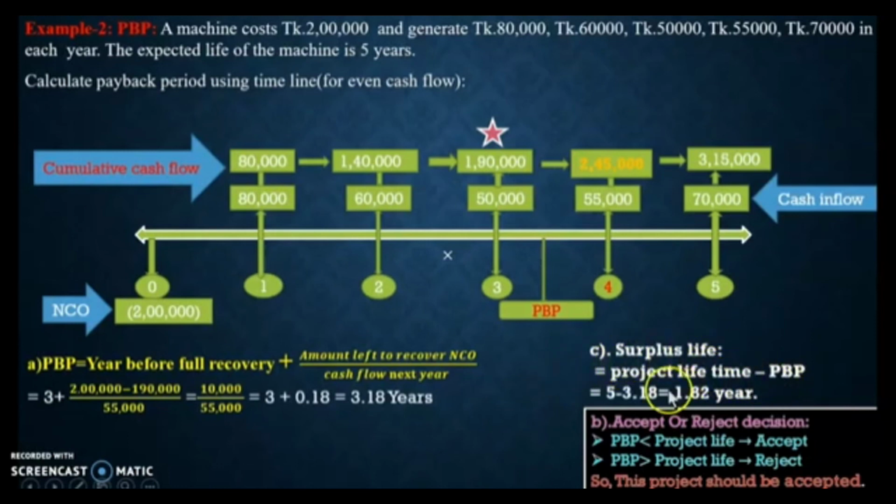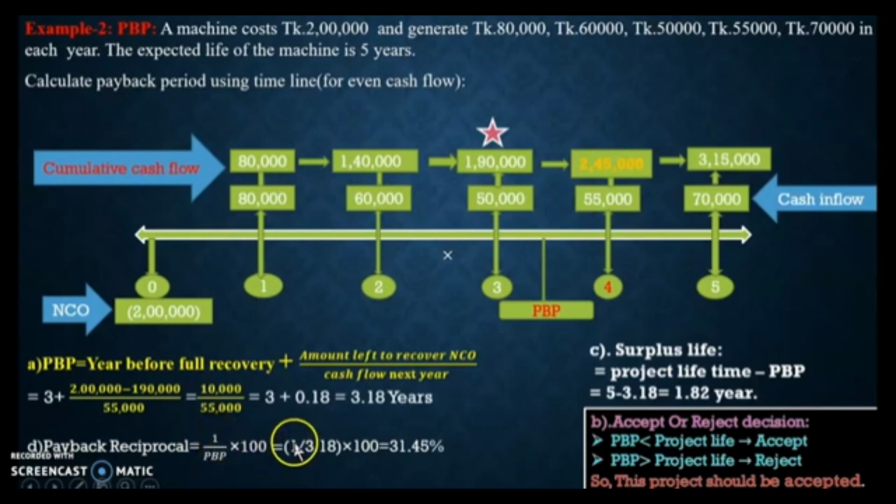Surplus life: 5 years minus 3.18 years equals 1.82 years. And payback reciprocal equals 1 divided by PBP, that means 1 divided by 3.18 into 100 equals 31.45%.